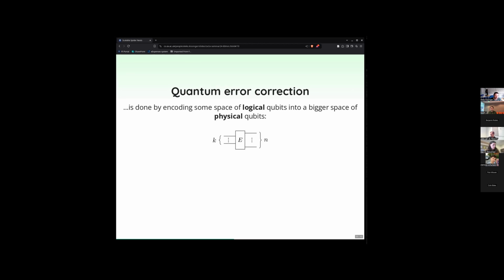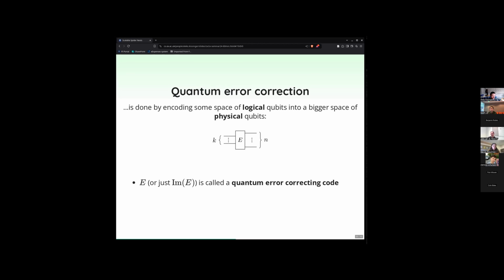I can just remember what this encoder does: it remembers how K qubits are mapped into this bigger space. This bigger space has some redundancy in it, which I can then use to measure quantum parity checks, essentially to do some quantum error correction.